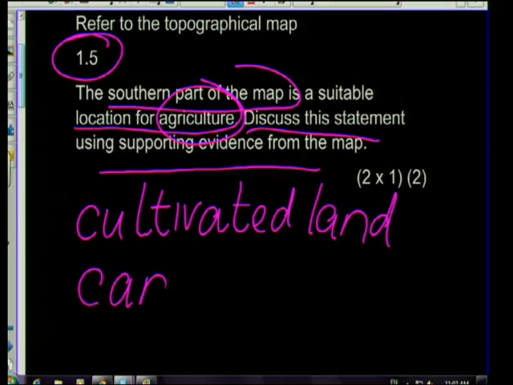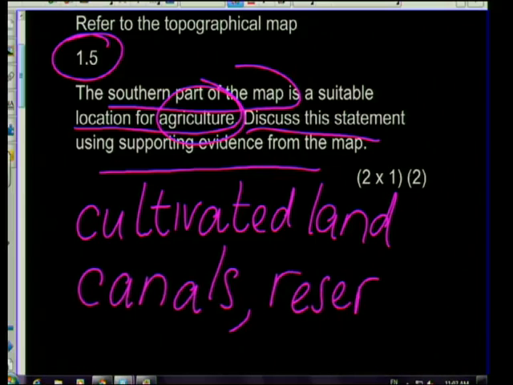What other type of evidence do we look for, especially to identify farming areas? Primary economic activities. Correct. Canals, weirs. These are features on a map which suggest that agricultural activity is taking place because the farmers are redirecting the source of water. So I'm going to put here canals. I'm going to further put reservoirs, because reservoirs store water for the farmer during the dry season. What else? Good. You're thinking, guys.